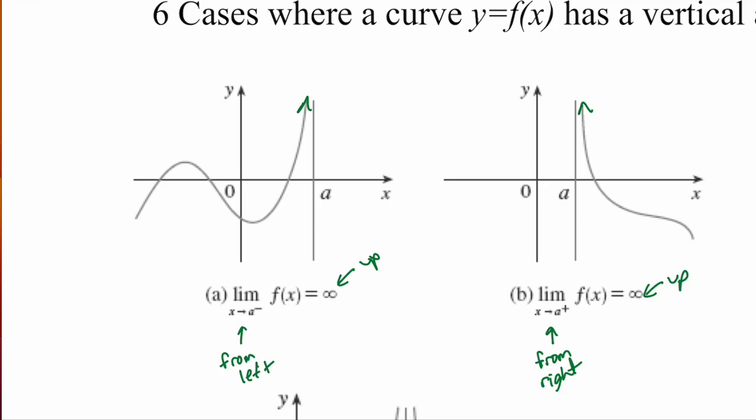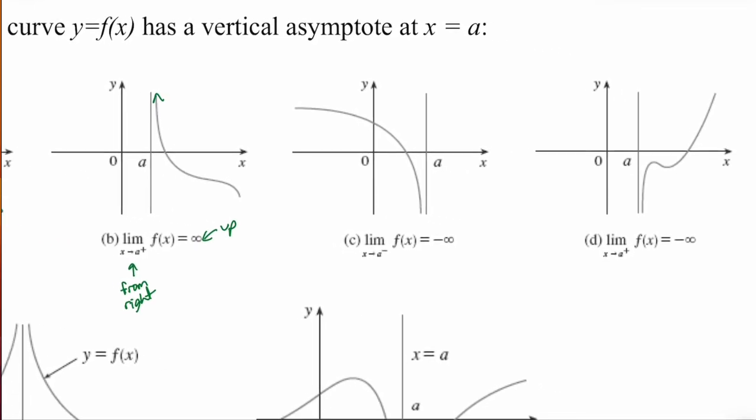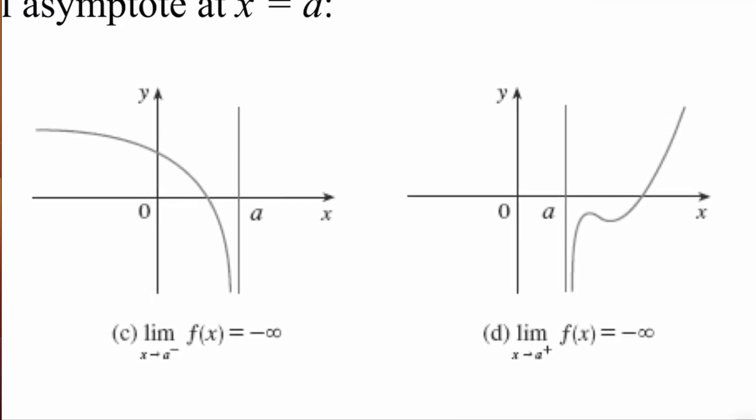Those functions don't have the opposite side. This doesn't have a right side. This one doesn't have a left side. So these wouldn't exist exactly at that point. So be careful about that. These ones are going down from the left and right. So this is from the left. From the left side of A, we are going down, but we have hit a vertical asymptote.